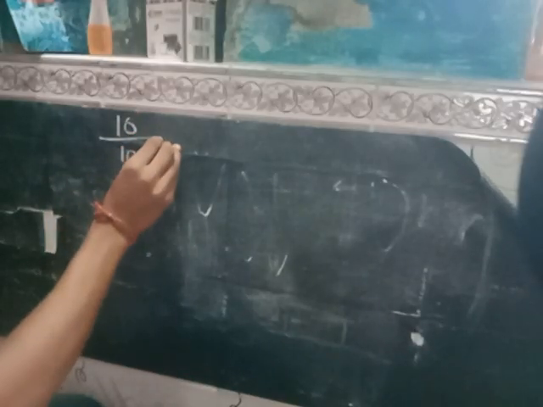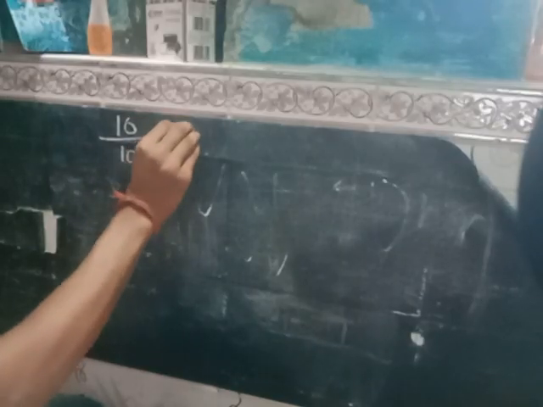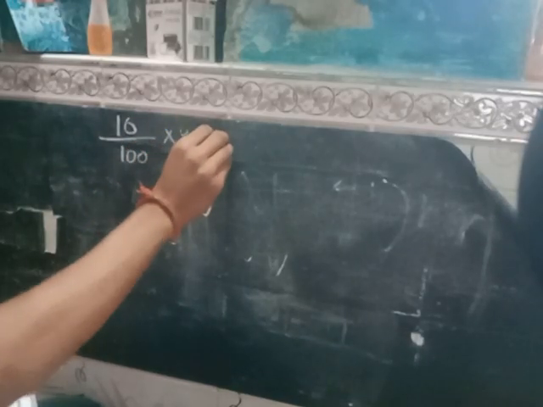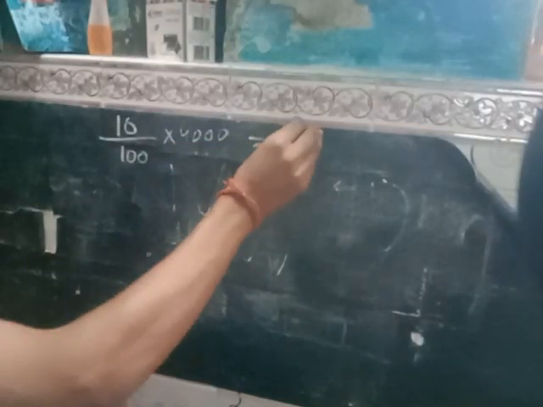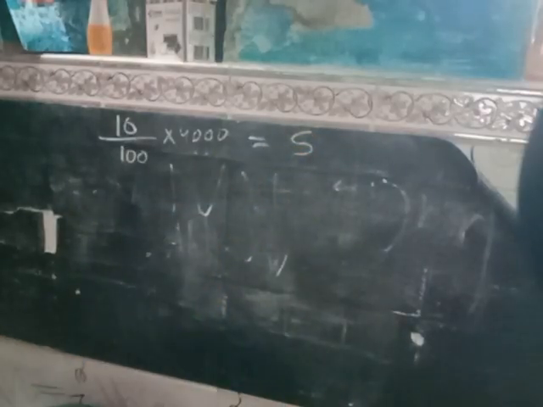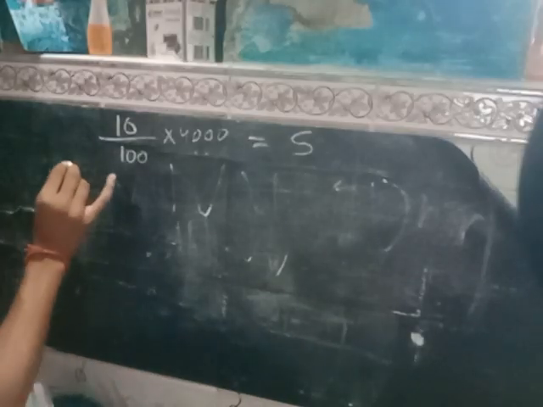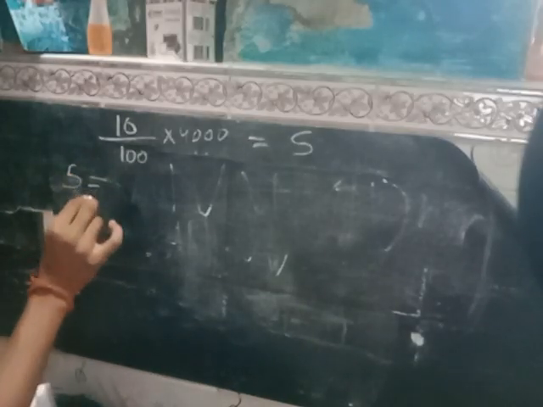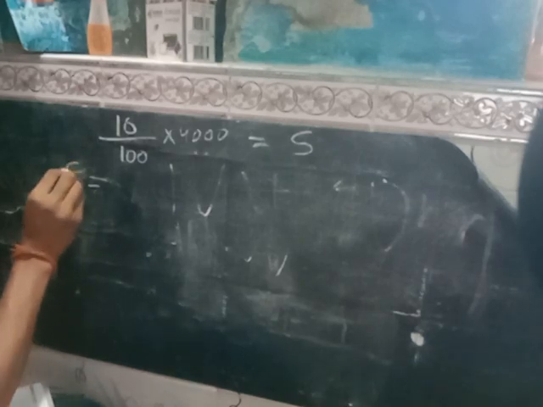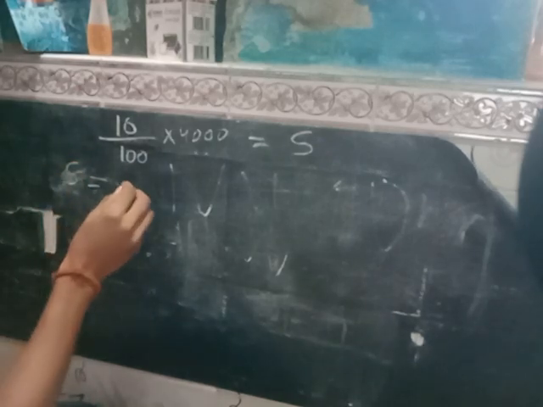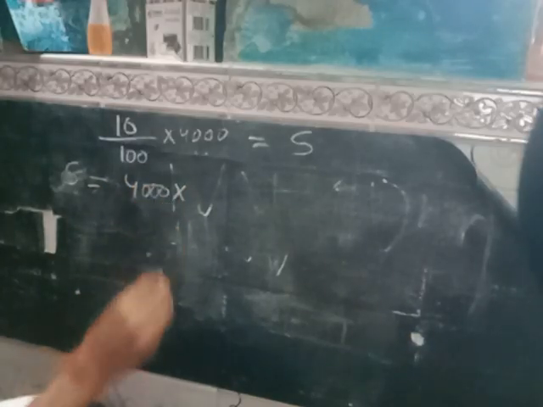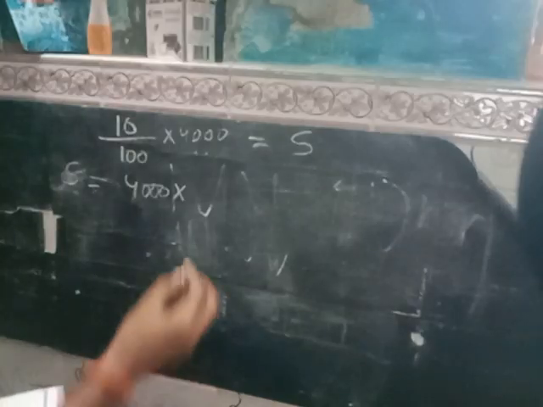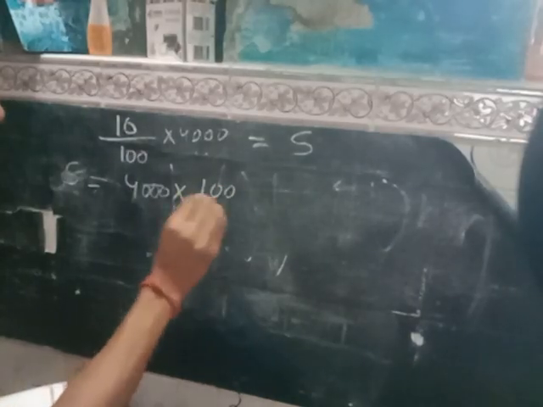So we can say 10 by 100 multiplied by S, is equal to 400, where S is her salary. So now S is equal to 400 multiplied by 100 by 10.